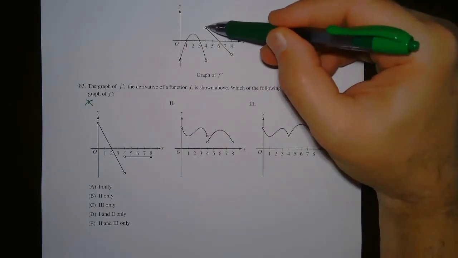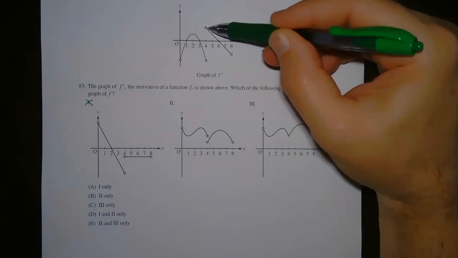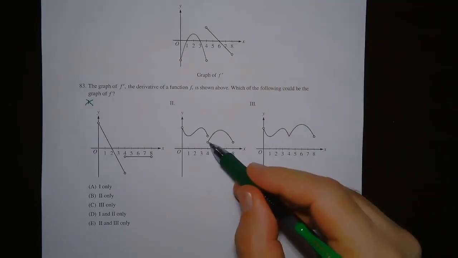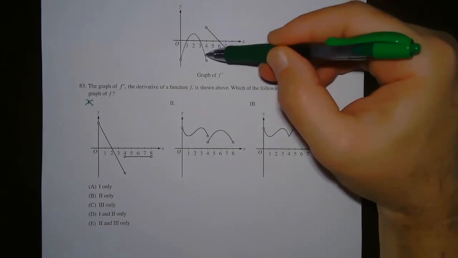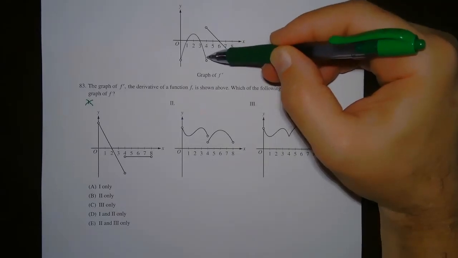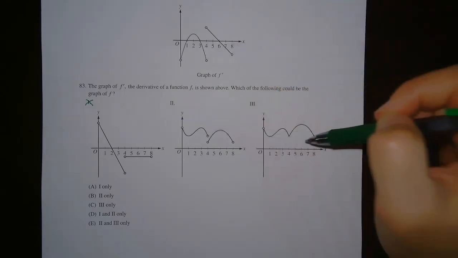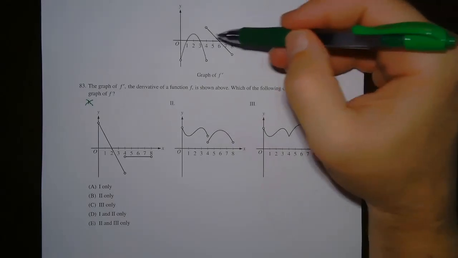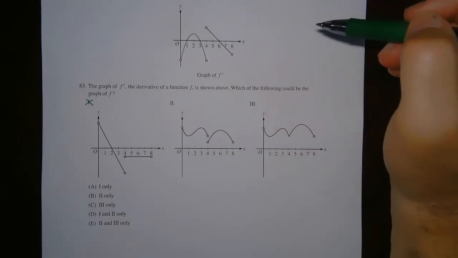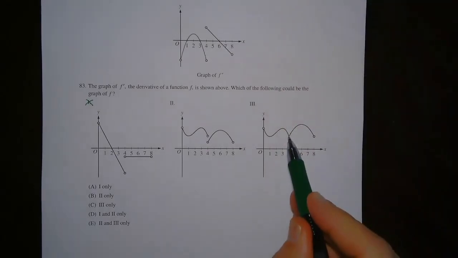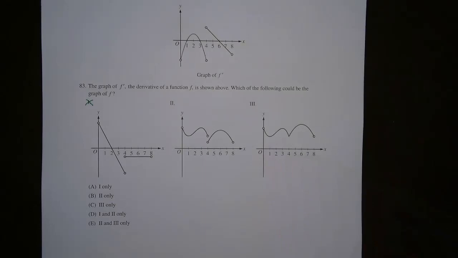Right here at 4, the right-hand derivative is positive, and it would be here, and it would be here, okay? The derivative to the left of 4 has to be negative, and it is on both of these, right? But the derivatives would have to be the same value.